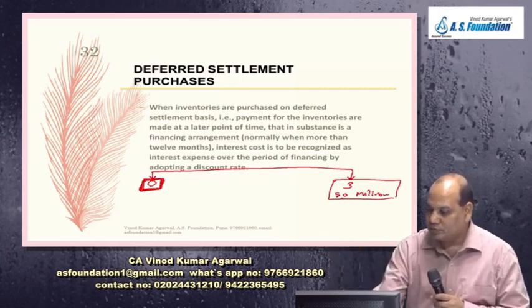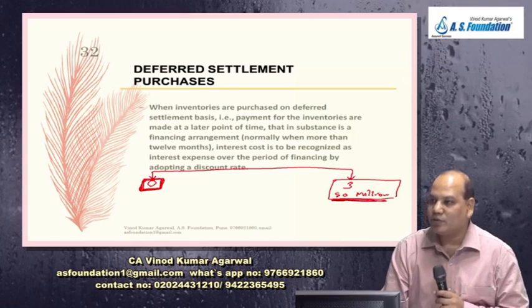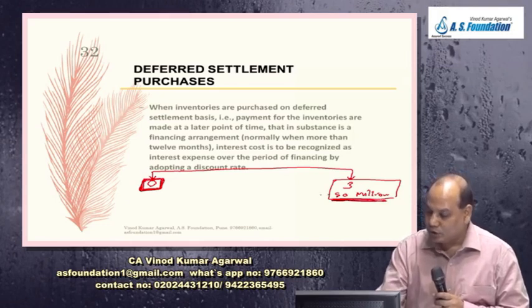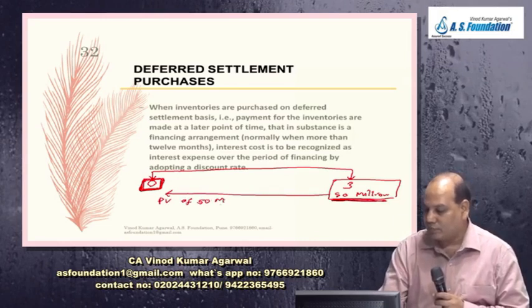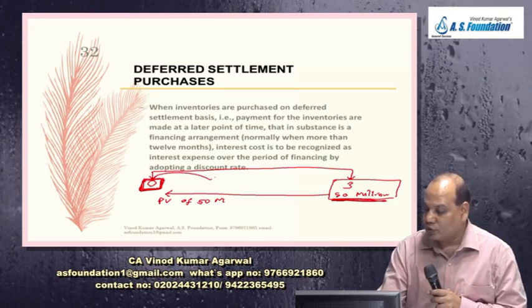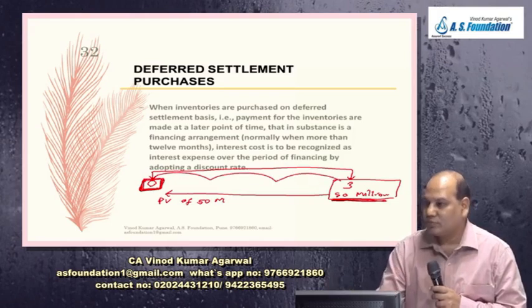He will include. So therefore this 50 million includes interest of 3 years which the supplier is including. So you will have to compute the present value of 50 million, and that is the amount at which inventory will be initially recognized, and thereafter you have to unwind the interest.